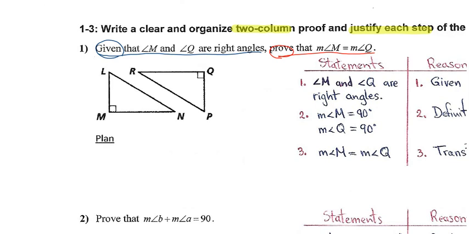So we use the information that you are given, and then we use some steps until we get to our conclusion that should be the measure of angle M is equal to the measure of angle Q. What's very important is that this proof statement should be the last statement in the proof.